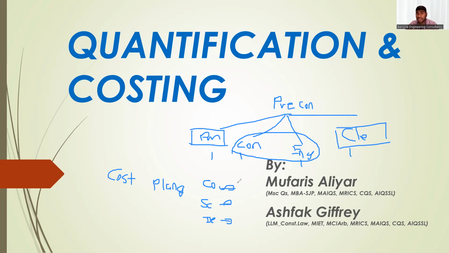This is one of the duties of the client or PMC QS; the major duty is reviewing the cost plan. Whenever they submit the cost or budget of the project, the client QS or PMC QS should review it and confirm to the client management that the price submitted for the concept design is correct, and that we can go ahead with the next level of design stage. Once the concept design cost is approved, they move to the schematic design development stage.